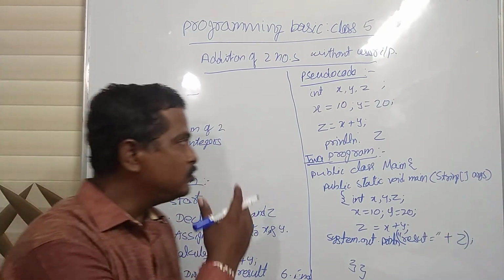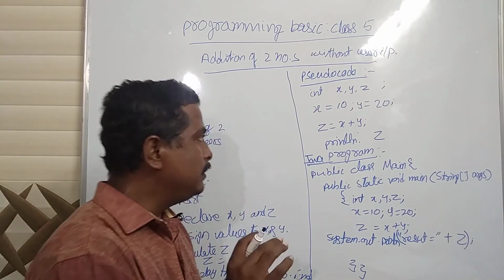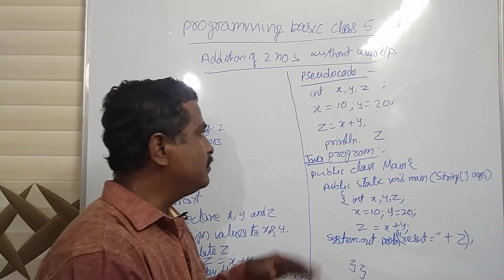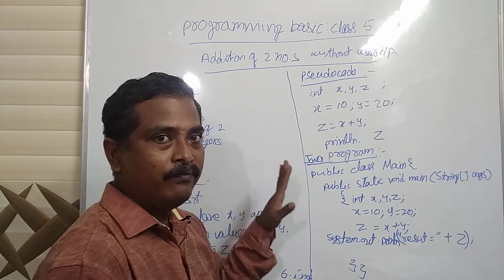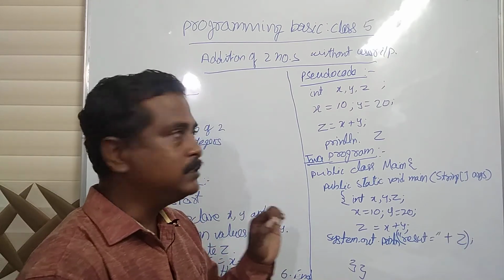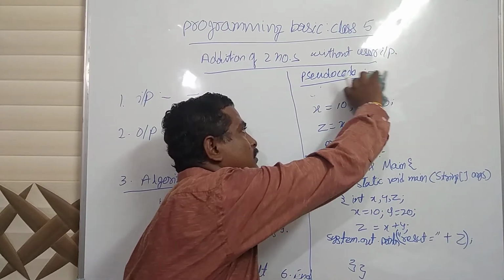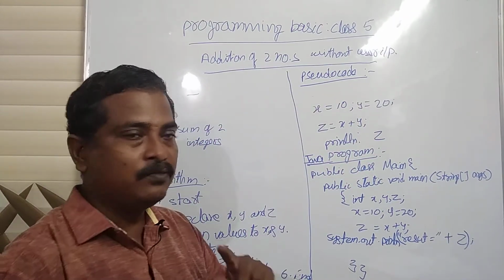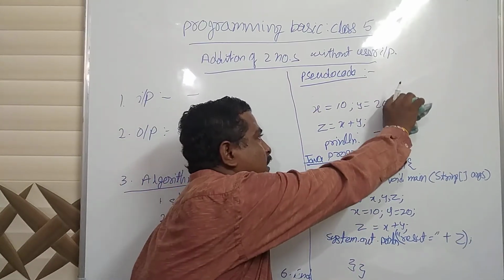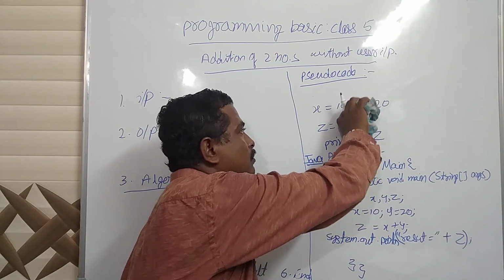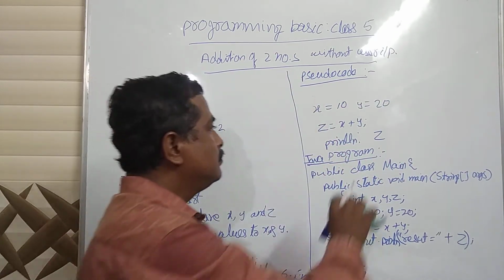Okay, let us do the same program in Python. In Python, see, everything is same, but there is a small change that explicit declaration is not required. First of all, these symbols are not allowed, semicolon not allowed.